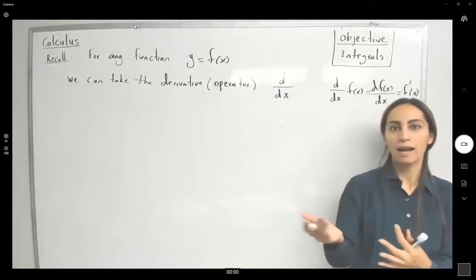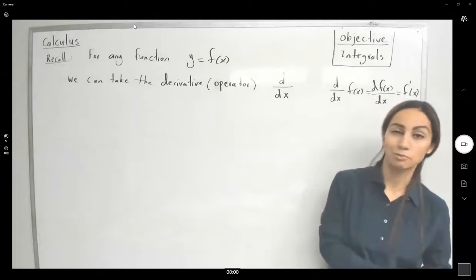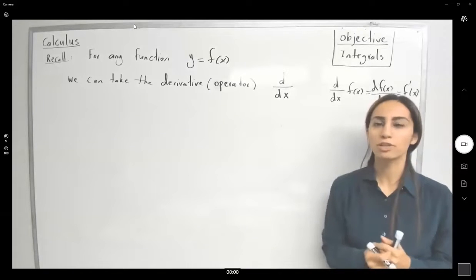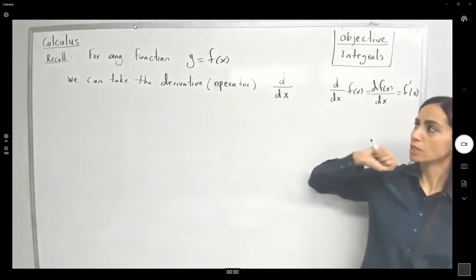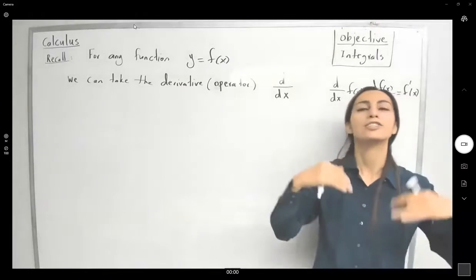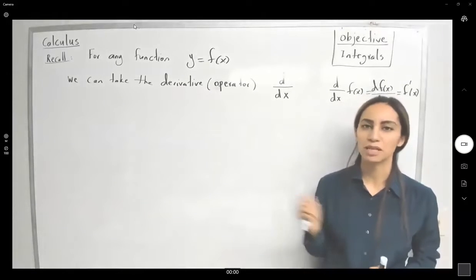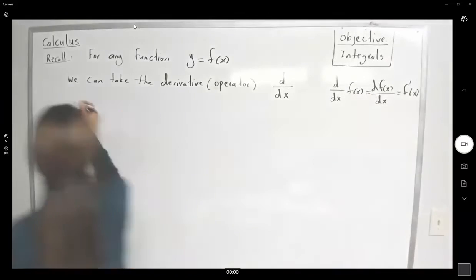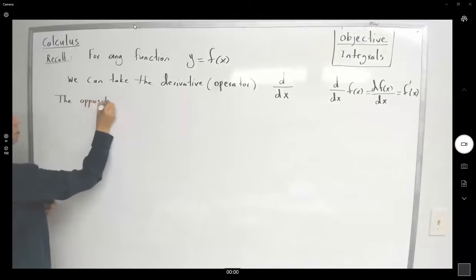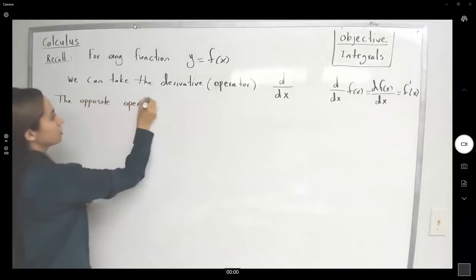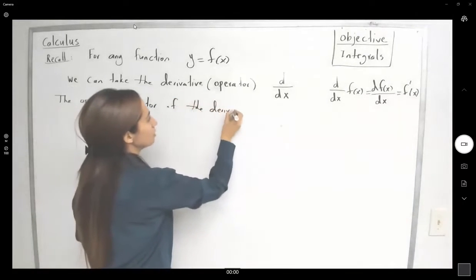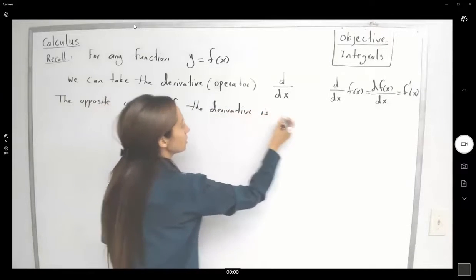Like defining addition and then subtraction, multiplication, division, they're opposite operations. We can define the opposite operator for derivative, which is antiderivative, or eventually, remember that we call it the integral. The opposite operator of the derivative is antiderivative.